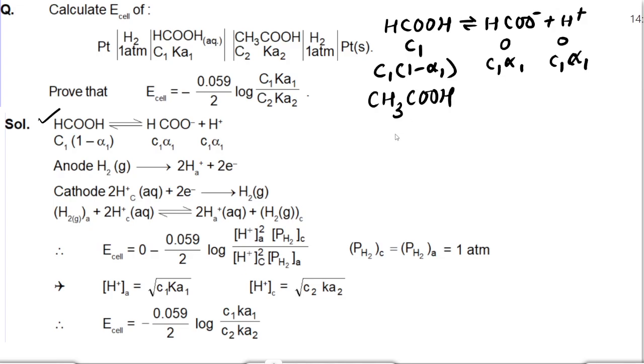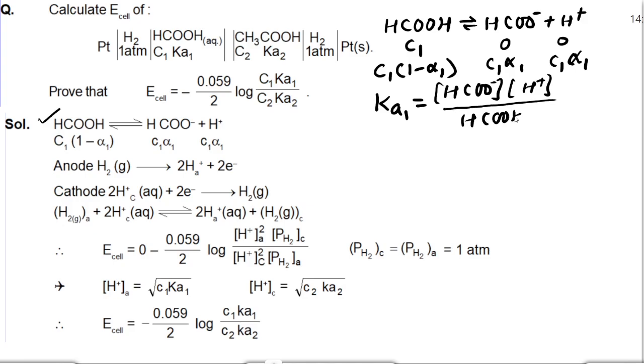So what is Ka1? Ka1 is equal to the HCOO negative concentration times the H+ ion concentration divided by the HCOOH concentration. And these are organic acids, weak acids, so alpha is very much less than 1.